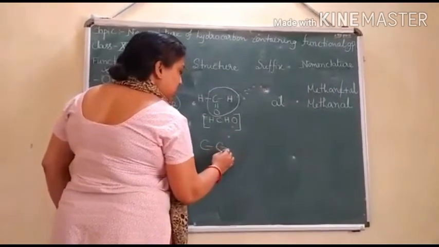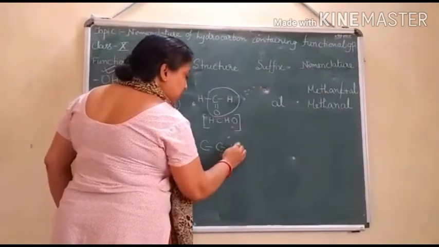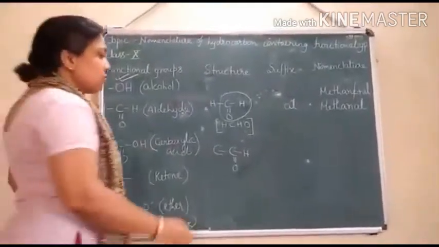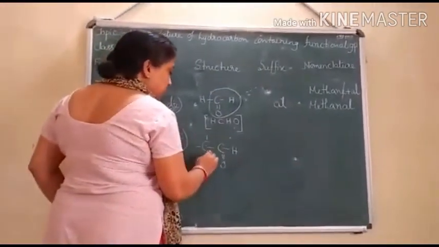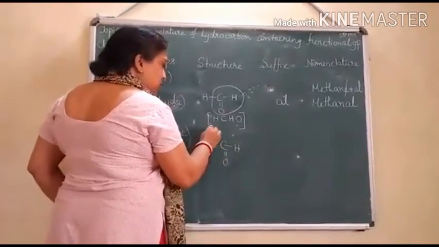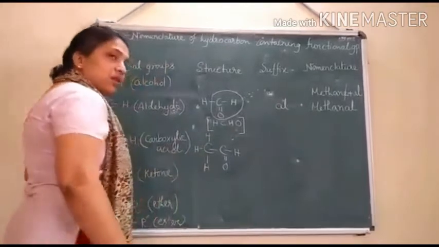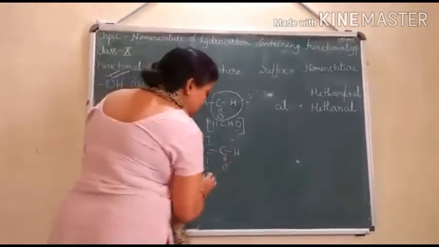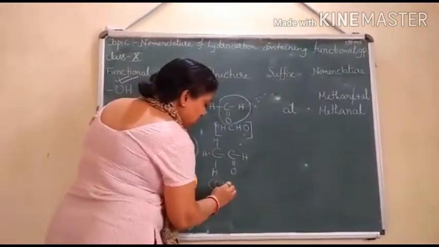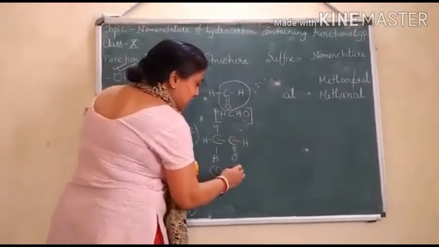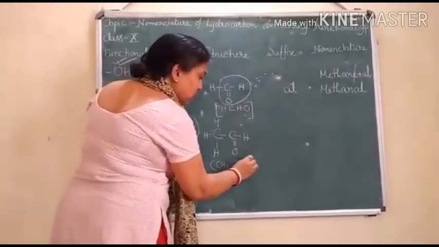Same way you write for the second carbon, 2 carbon, and this carbon contains the functional group. This is the functional group carbon. The bonds here are already satisfied, so only the other carbon has to be satisfied. What is the formula now? The formula is CH3, this carbon has 3 hydrogen, and CHO.